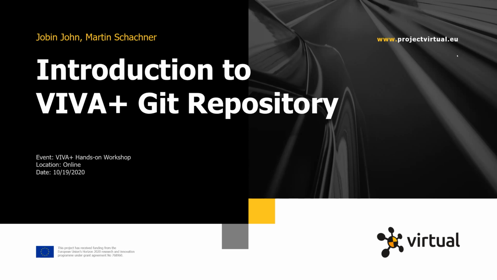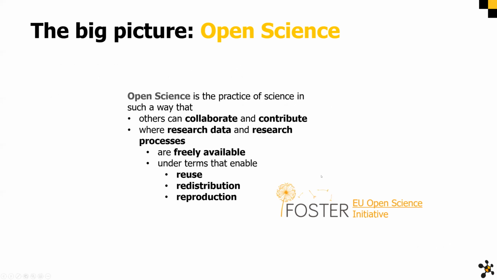Yeah, so let's jump into the session. If you were at the virtual workshop a few days ago, you may have seen this definition of open science. Basically, what we are trying to do with VIVA Plus models is doing open science.